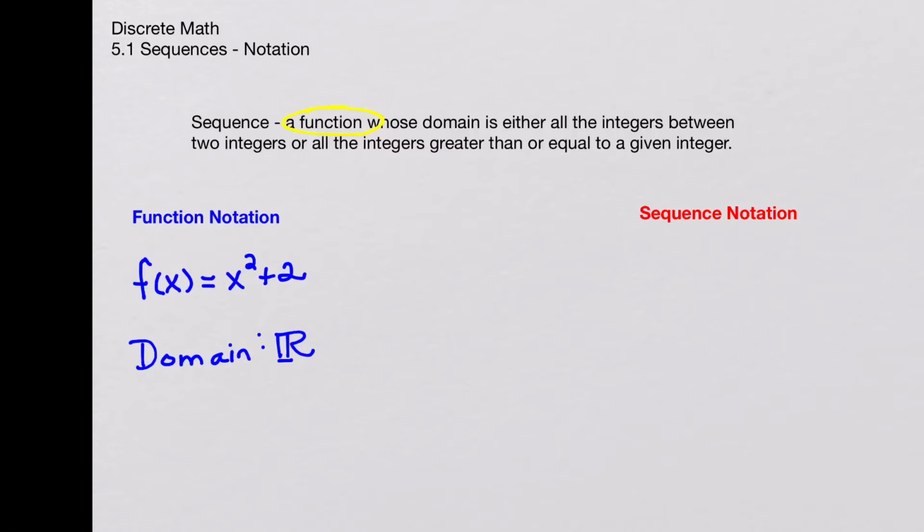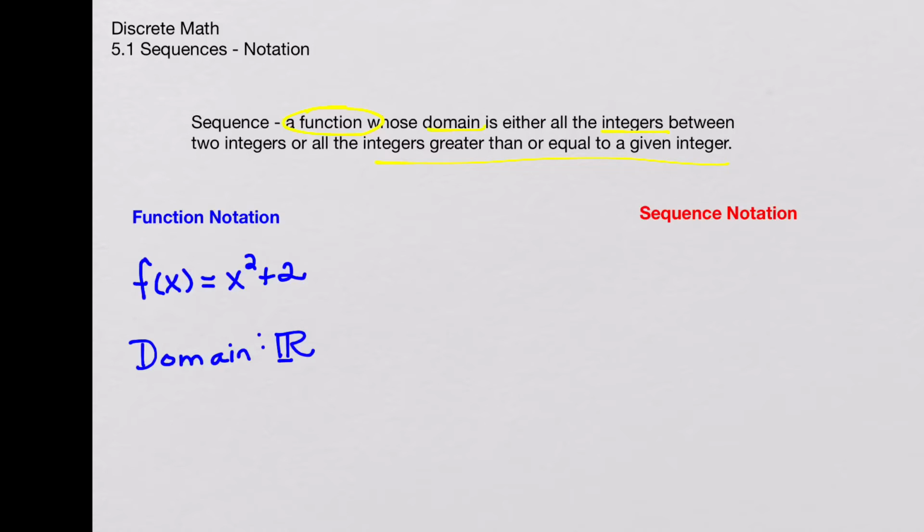Now, we're going to change this notation a little bit because with sequences, the domain is not going to be the set of all real numbers. It's going to be some type of set of integers. So we're just using integers rather than all real numbers. So it's not going to be a continuous function, it's going to be a discrete function.